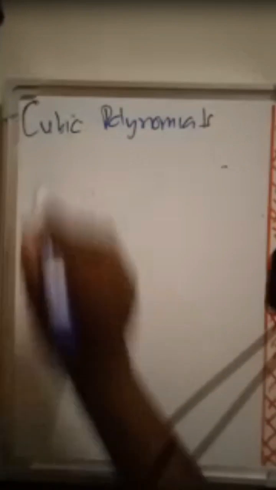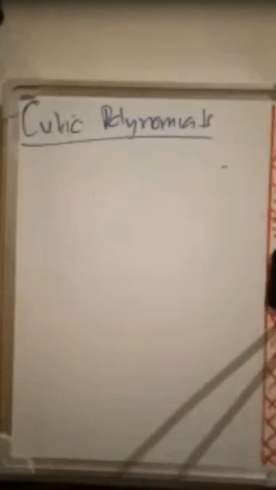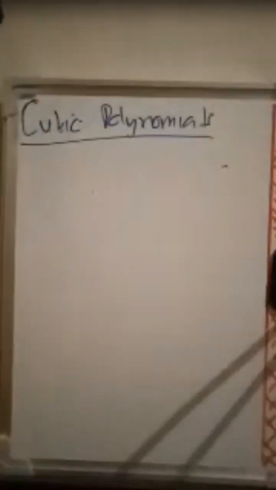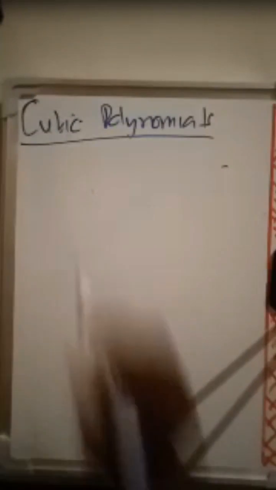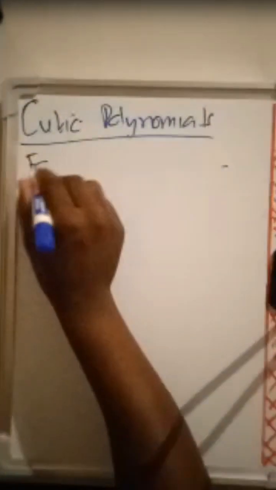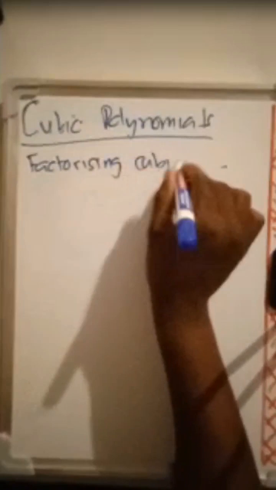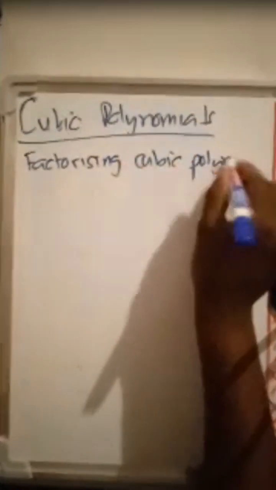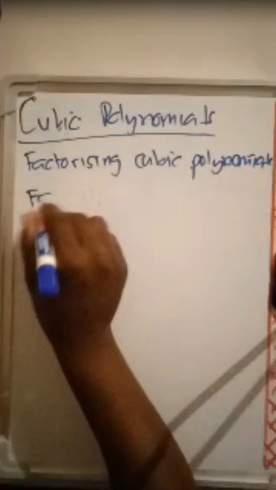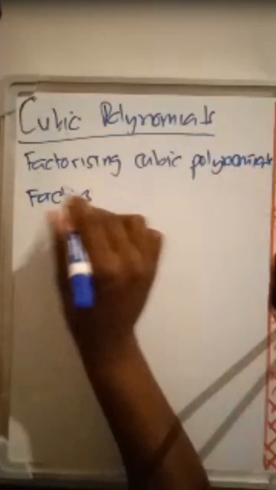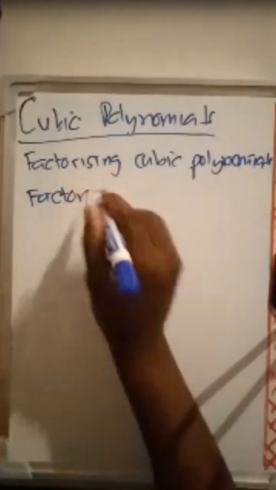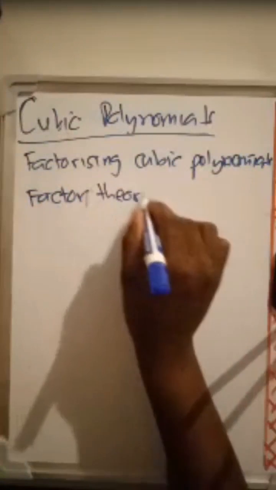For it to be a cubic polynomial, the highest power of x should be 3. The first thing I want us to talk about is factorizing cubic polynomials.